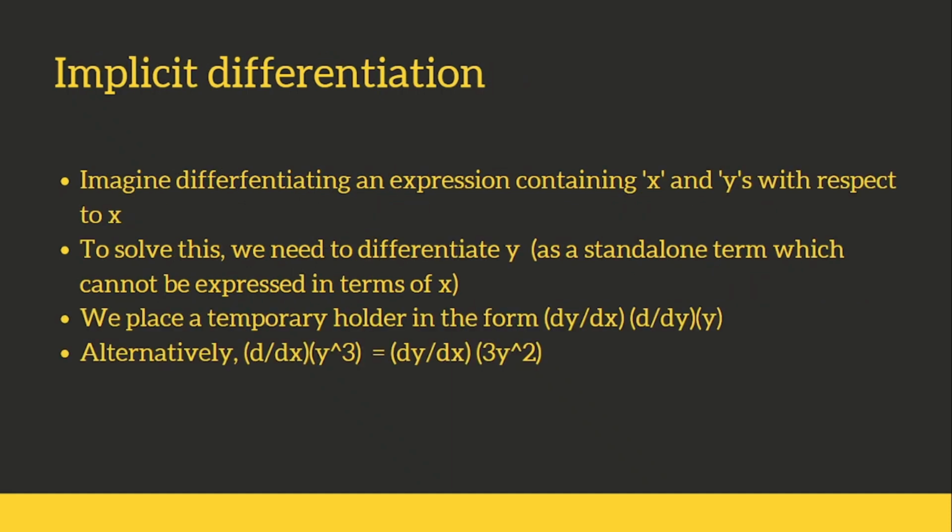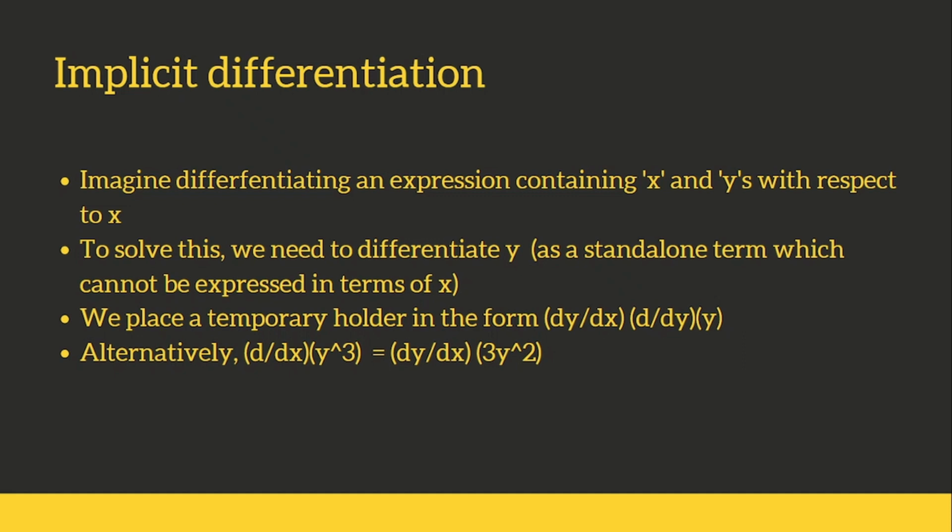Then another thing will be implicit differentiation. So imagine differentiating an expression containing x and y with respect to x. Then to solve this, we need to differentiate y. And when we are differentiating y, we cannot express this as an equation anymore. We have to differentiate y as it is. So in that case, we will have a temporary holder in the form dy dx, and then you do your differentiation of y.